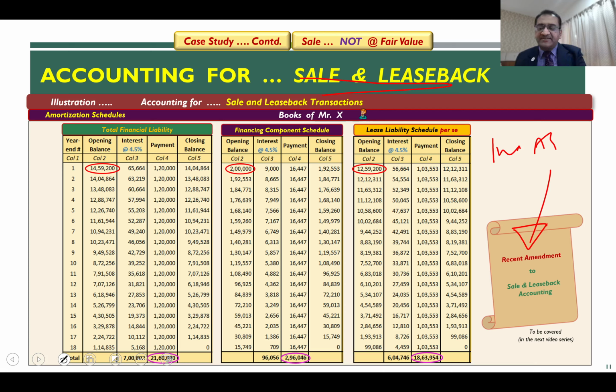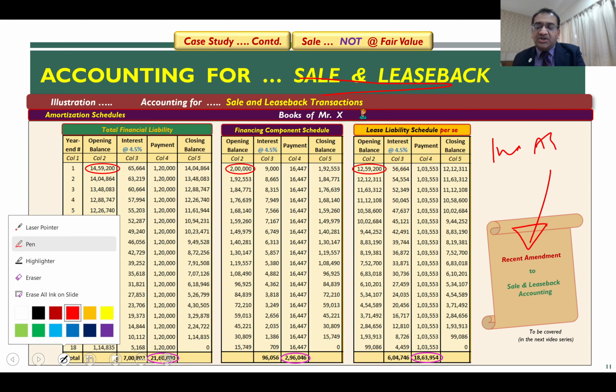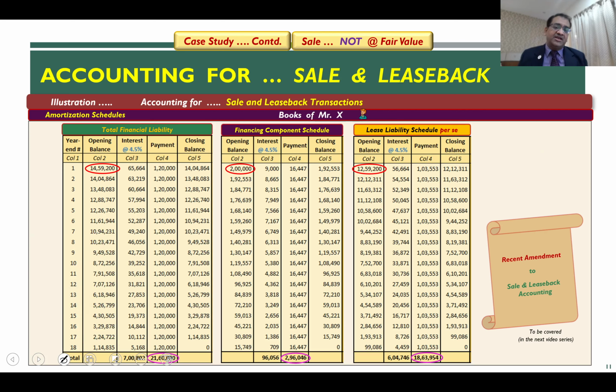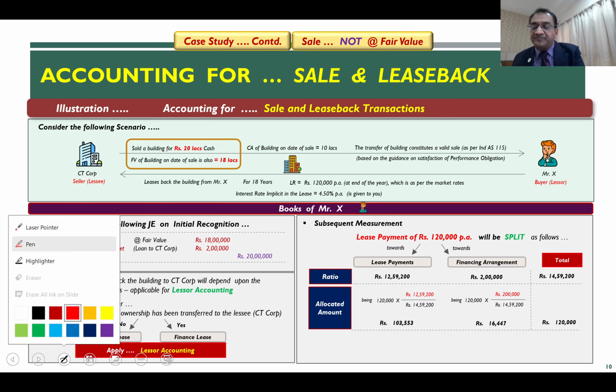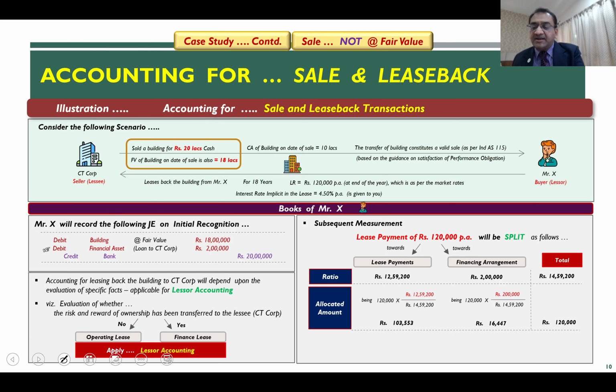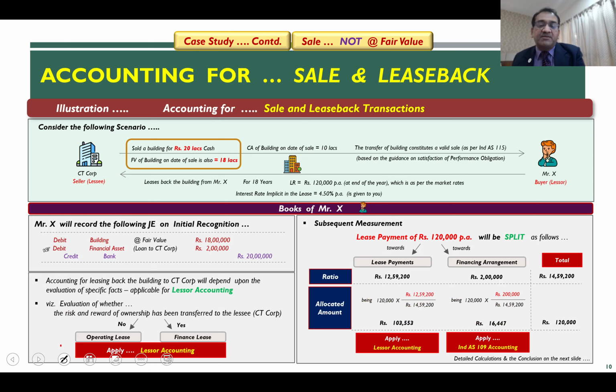Because, see, what happens in this case? In all the case studies which we have seen so far, the lease rental, what we said is 1,20,000 rupees, a flat fixed number. Even in the previous case study, we said the lease rental is 1,20,000.